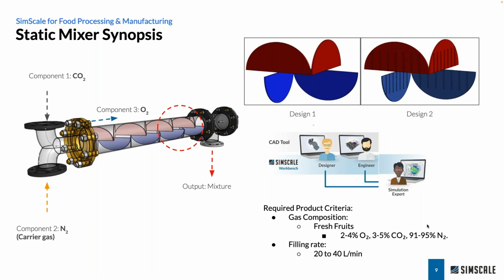A typical workflow in such a scenario will be like what you see on the screen. We have a CAD engineer using the CAD tool to design the existing component.